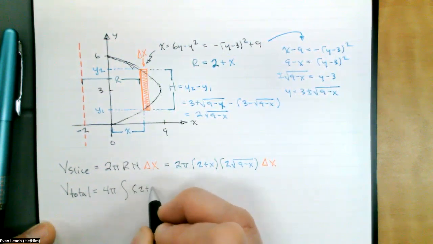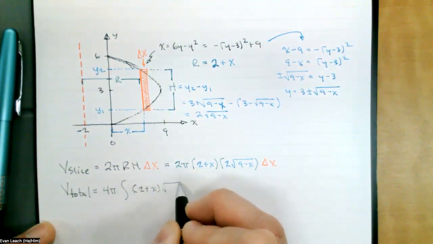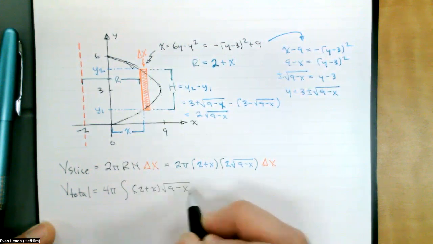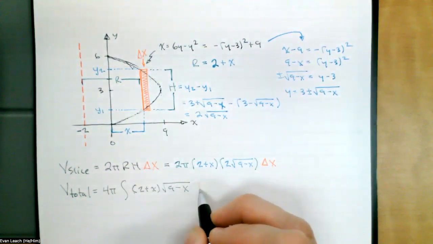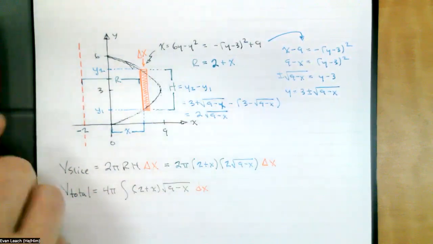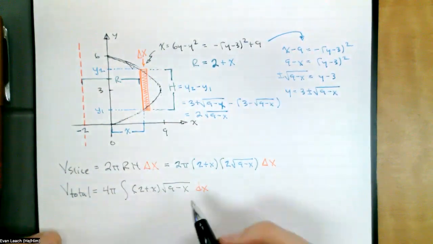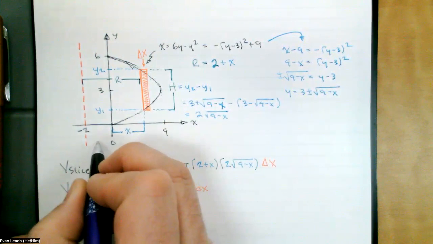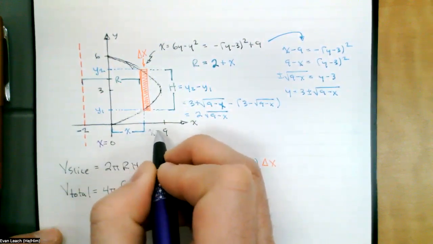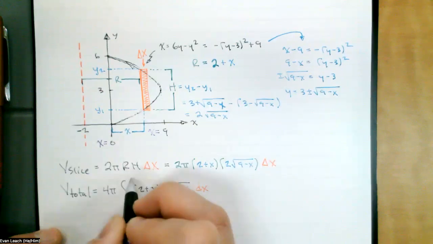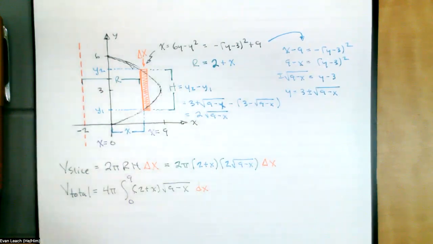So I'm not doing anything. I am going to make sure that my discrete delta x becomes a nice continuous dx. And the x values that are in play, the region starts when x is equal to 0 and ends when x is equal to 9. So we'll integrate from 0 to 9.